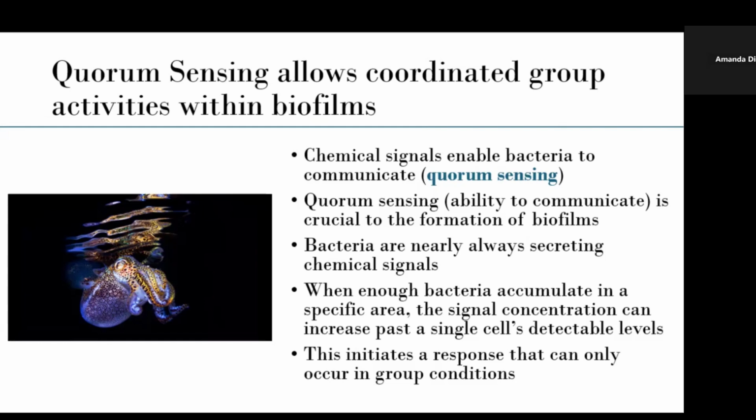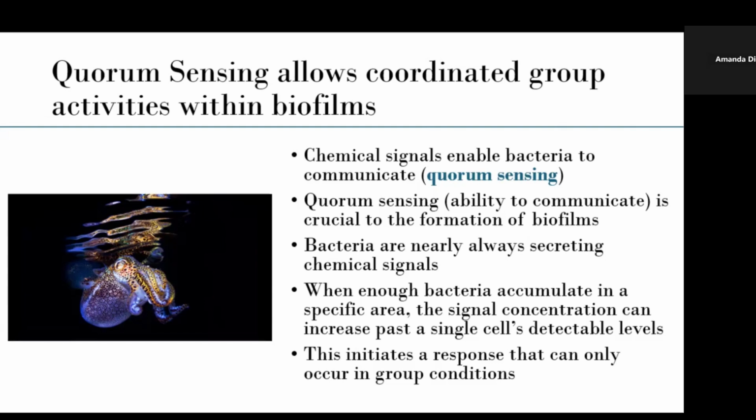Usually that corresponds to a specific size of the bacterial population. So once the bacteria hit a certain population size, they're producing enough of these chemicals passively that they can start binding to these surface molecules and create a response.